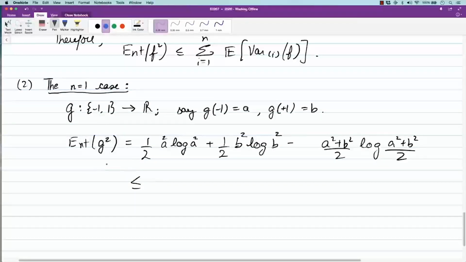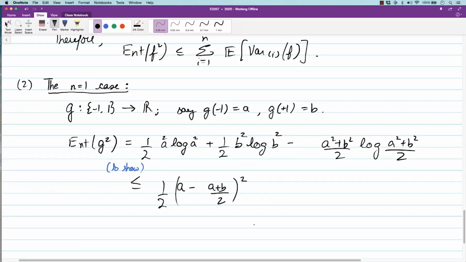So now to show this, this guy is less than or equal to the variance of g. So what's the variance of g? The variance of g is, with probability half, you take the value a, and you get a minus (a plus b)/2, and with probability half you take the value b, and you get b minus (a plus b)/2.